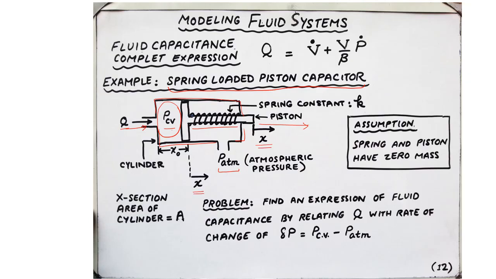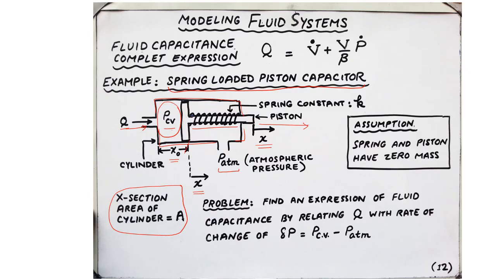And the initial position, or in other words, the lower dead end, is at x naught. So the distance from the left hand side of the cylinder to this point over here is x naught. The cross section area of the cylinder is capital A.